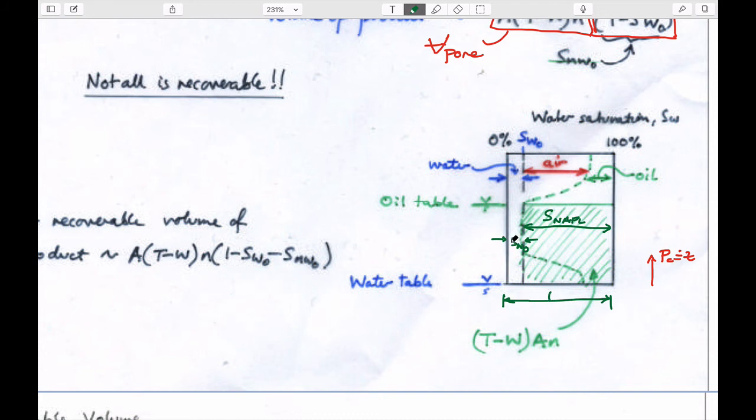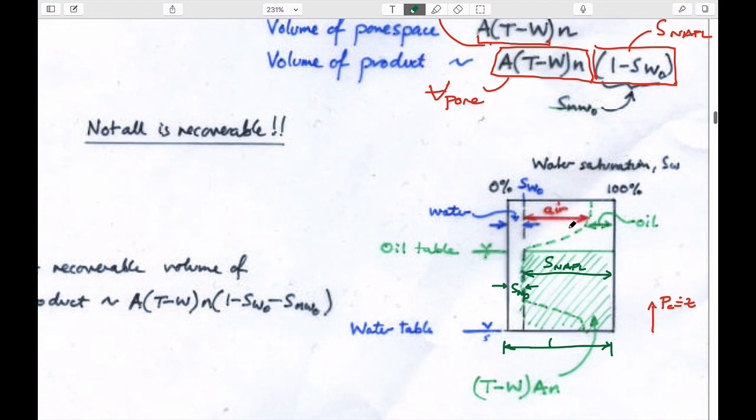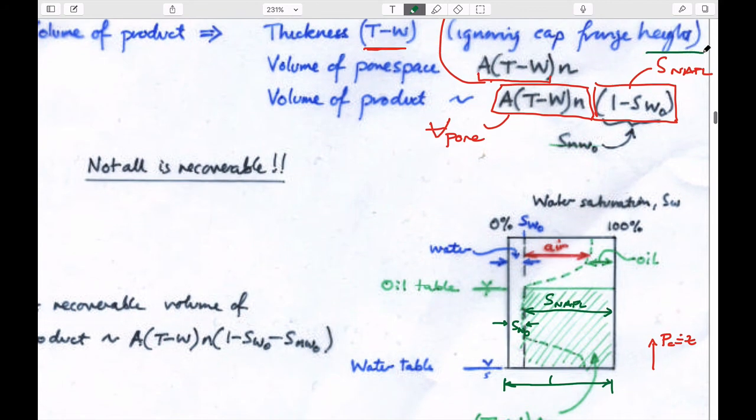So 1 minus the irreducible saturation of water is this here. So this is just this. And so in its simplest form, we can multiply the volume of the aquifer, which we now know that this height is going to be equal to T minus W, not T, but T minus W. And if we multiply that by the porosity, then we get the volume that's there.